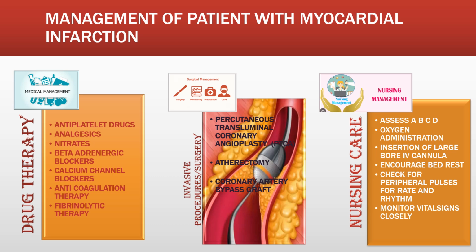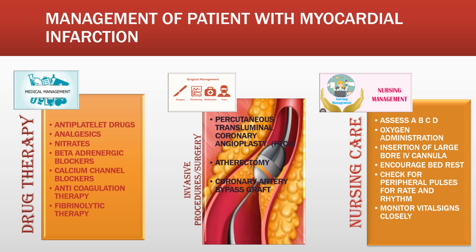Next, we come to how we are going to nursing manage the patient. We will assess the A, B, C, D of the patient: airway, breathing, circulation, and disability or the need for defibrillation. We will give oxygen. Before, you had to give oxygen to every patient with MI, but now the standard is if the saturation is less than 94% on room air, we will give, otherwise we will not.